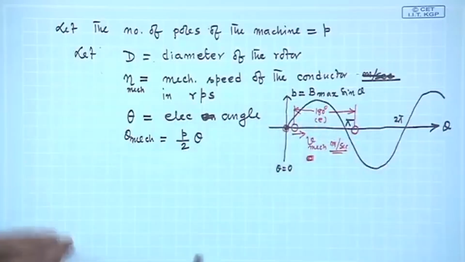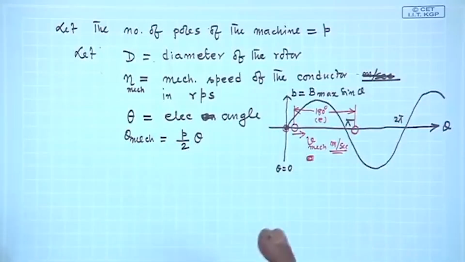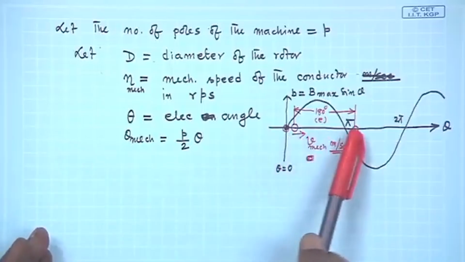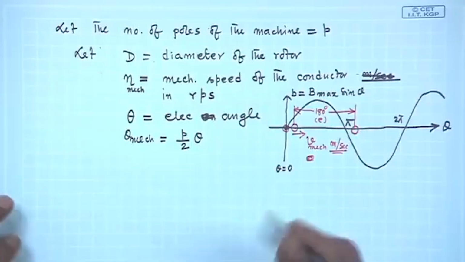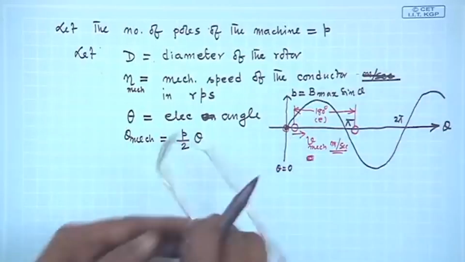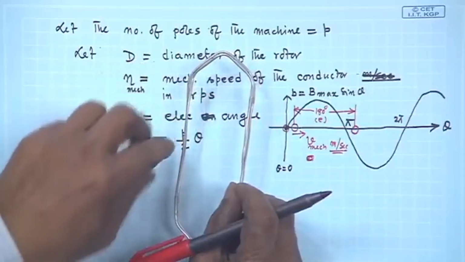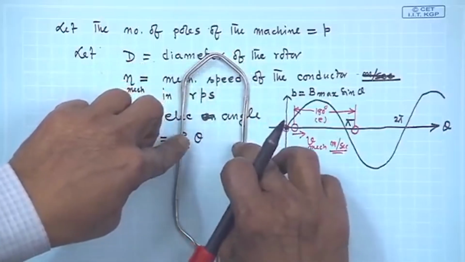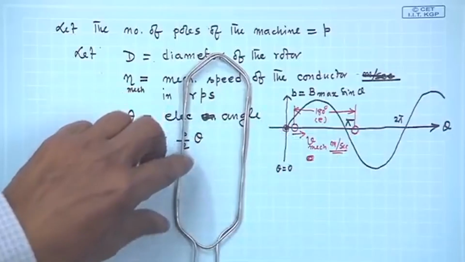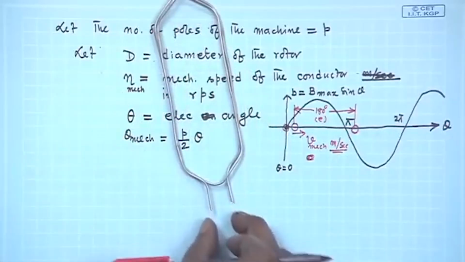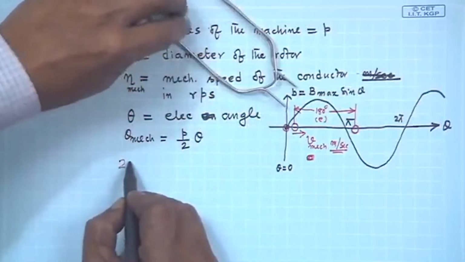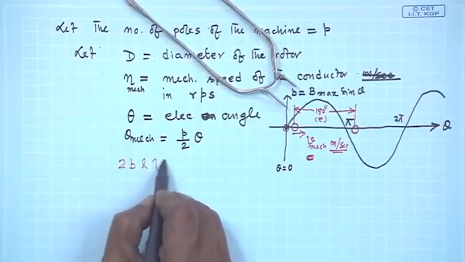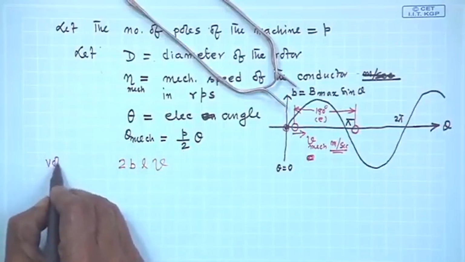So, that is very convenient to say, no matter whether 6 pole, 4 pole, 8 poles, the coil sides in their positions in space must always be 180 degree electrical apart. Why? Because then only the induced voltage. So, if this coil side is under the center of north pole at any time, this one must be under the center of south pole, so that you will get maximum voltage between these 2 points as 2 B L V, voltage across the coil.